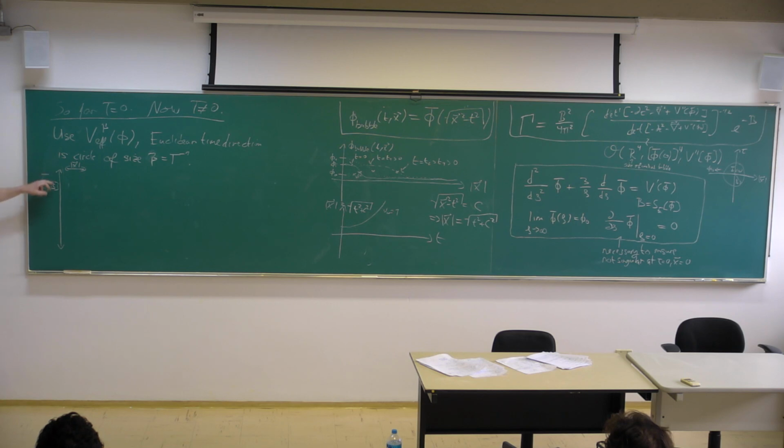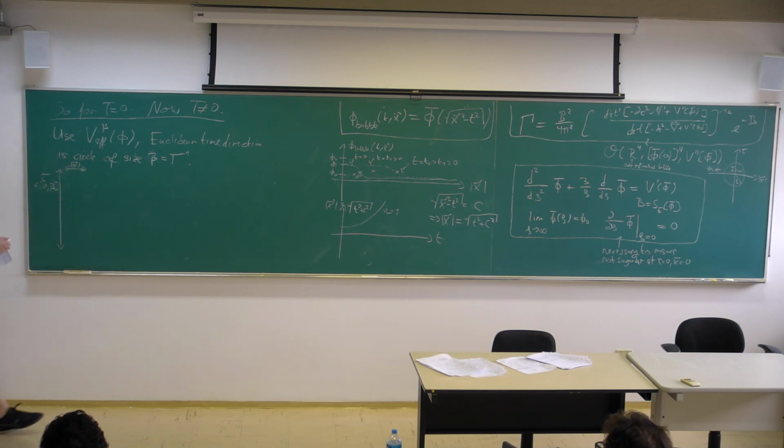Let's first make the temperature very low, meaning that beta, the inverse temperature, becomes very big. So in this situation, at low temperature, nothing changes compared to our calculation.